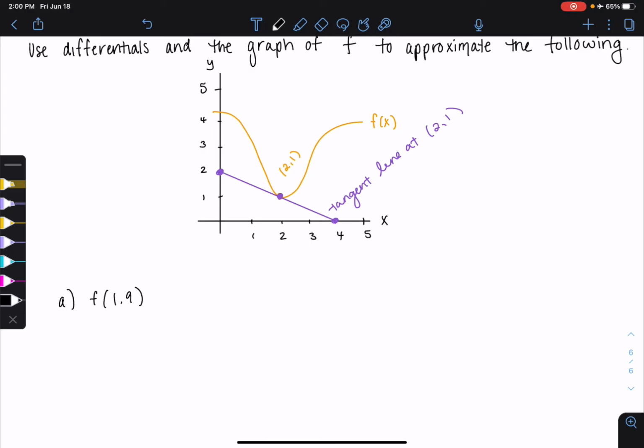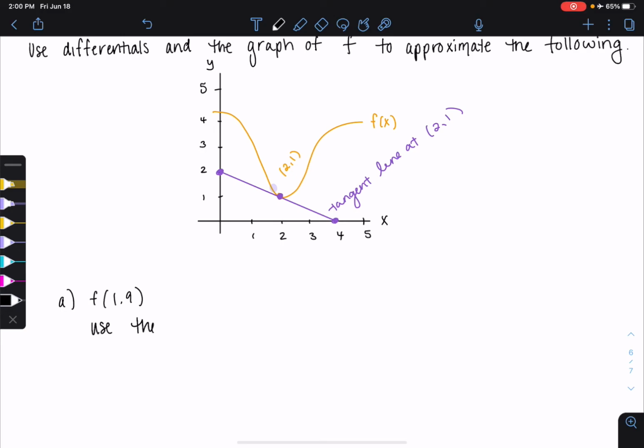So we're going to first approximate what the function evaluated at 1.9 is. And so the true value is close to this value of 2, but I have no idea what the equation of this function is. So I've got to utilize something else. Okay? And this is where that tangent line is going to come into play, because the tangent line is about equal to the function.